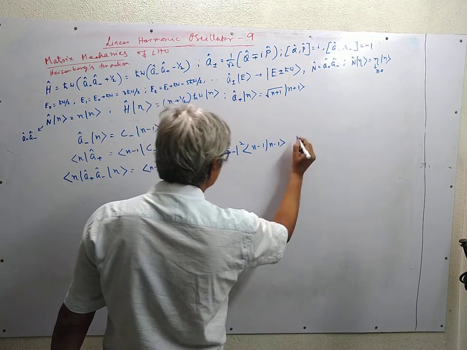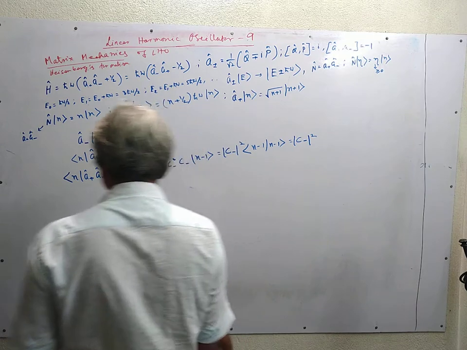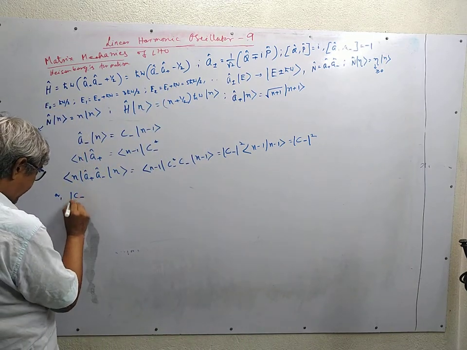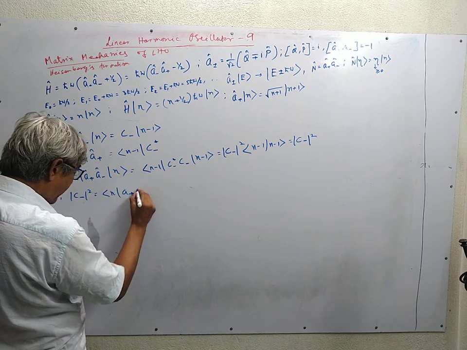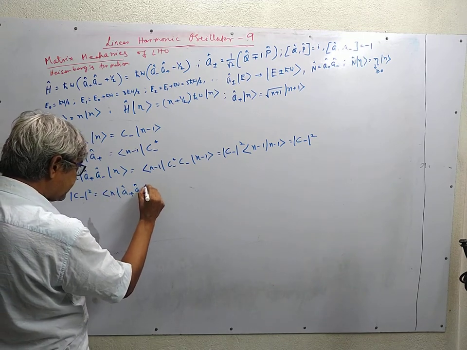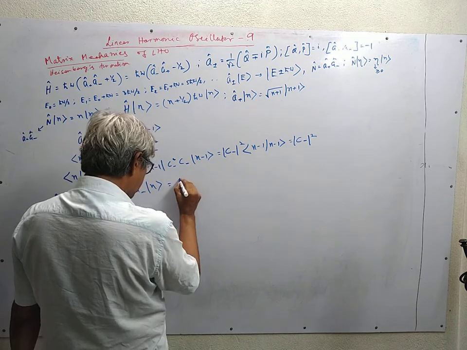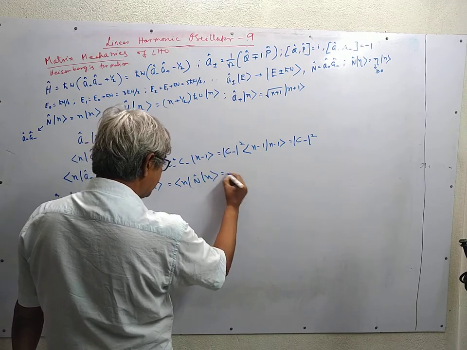When they are orthogonal, this is simply C minus modulus square, or C minus modulus square is n A plus A minus n, which is already in terms of the number representation.